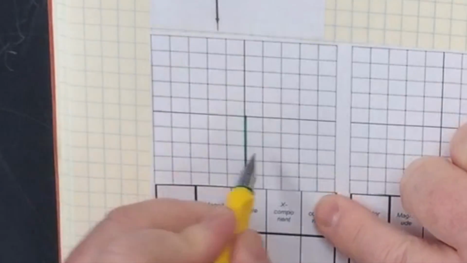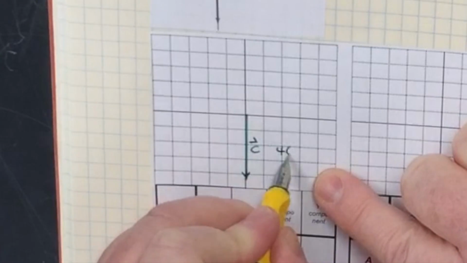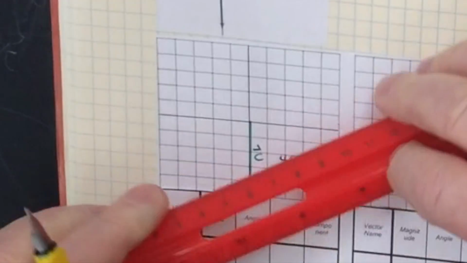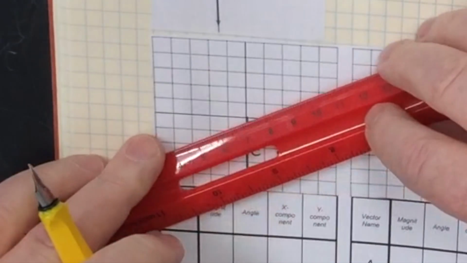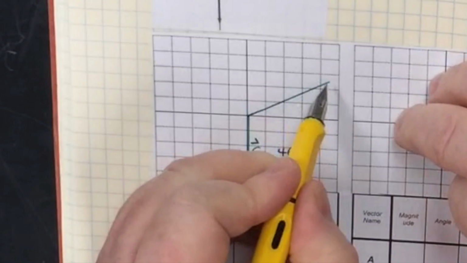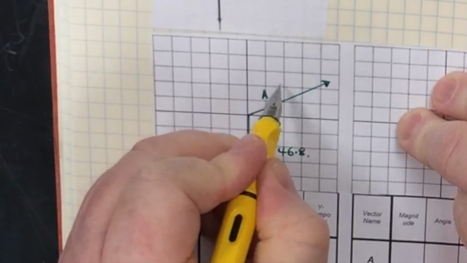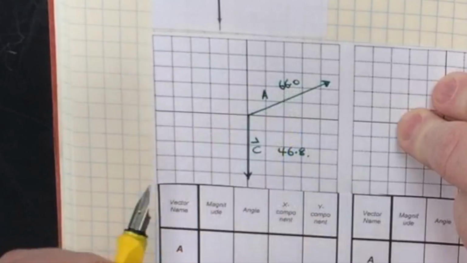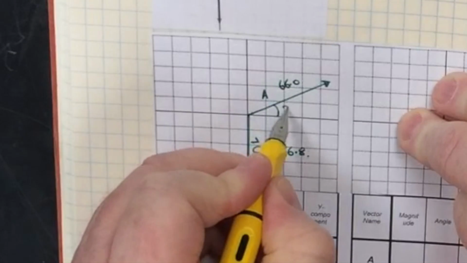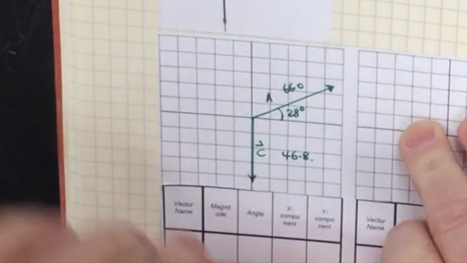So this is vector C, and it has a magnitude of 46.8 arbitrary units. This is vector A, and I'm drawing the approximate lengths here, and it has a magnitude of 66 units, and it has an angle of 28 degrees to the plus x-axis.